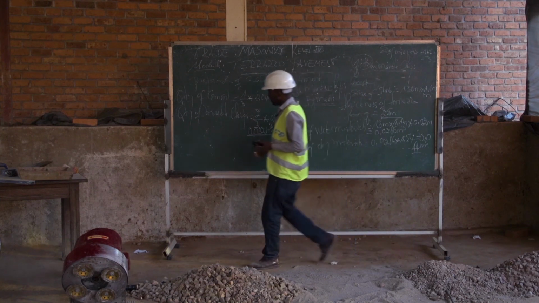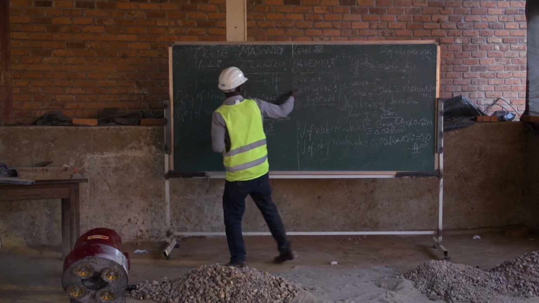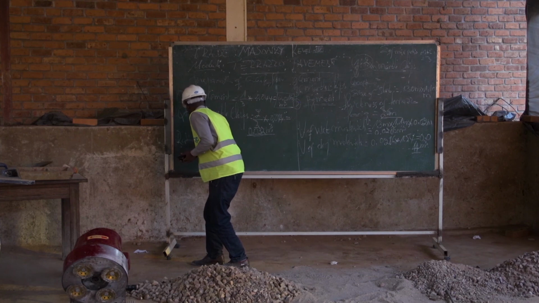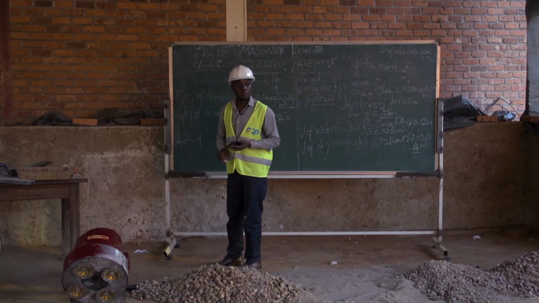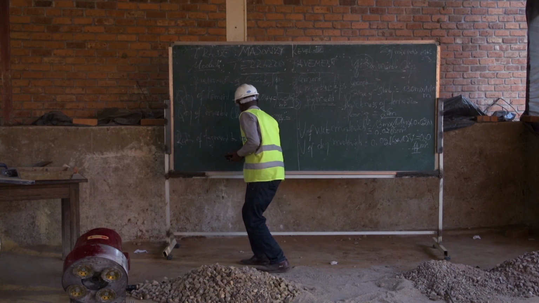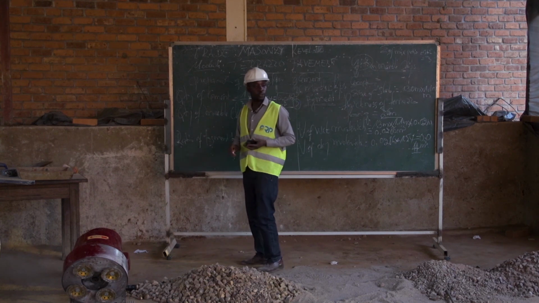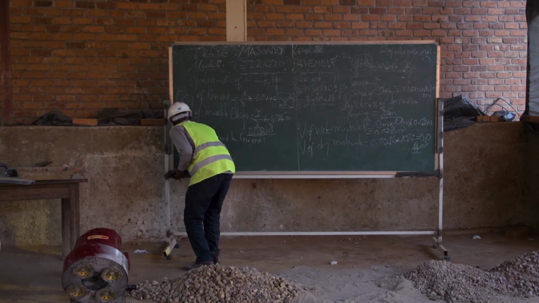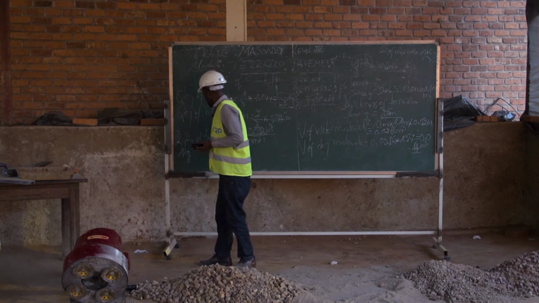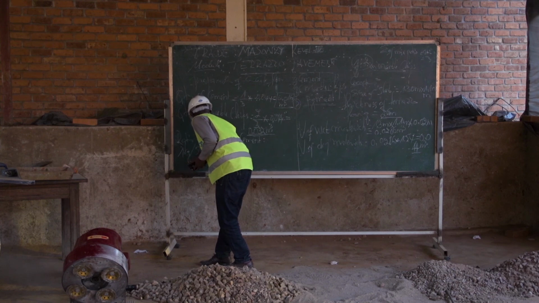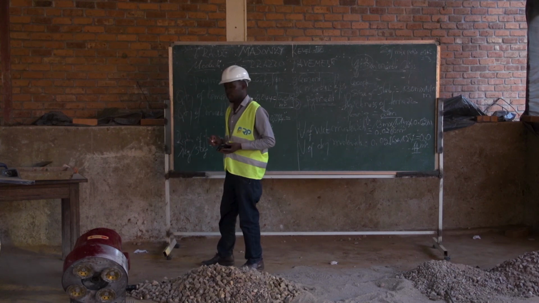Normally, the ratio of pigment to cement is 1 kilogram per 50 kg.